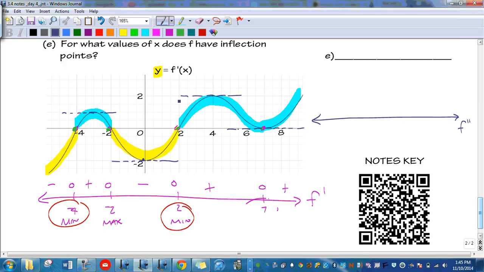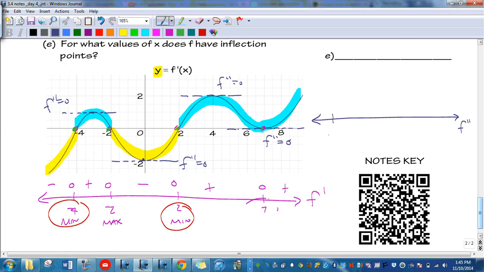Right, each one of those has a derivative that's 0, so that means the second derivative is equal to 0 at these values. So that's where the second derivative could potentially end up changing from positive to negative or negative to positive.